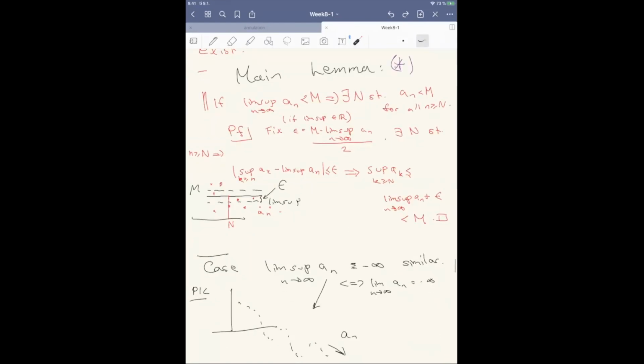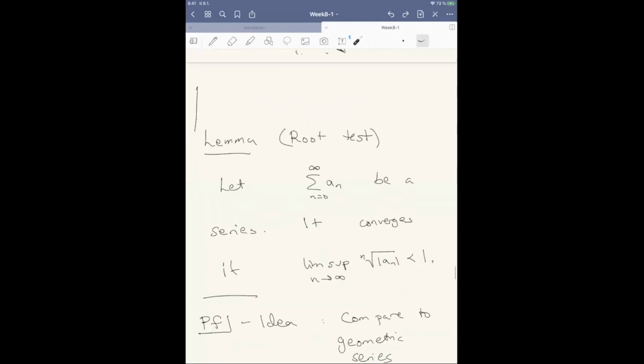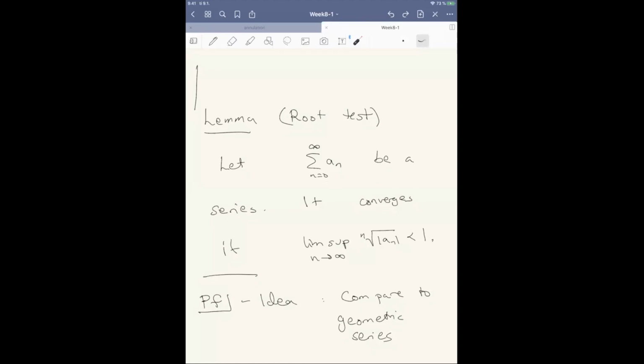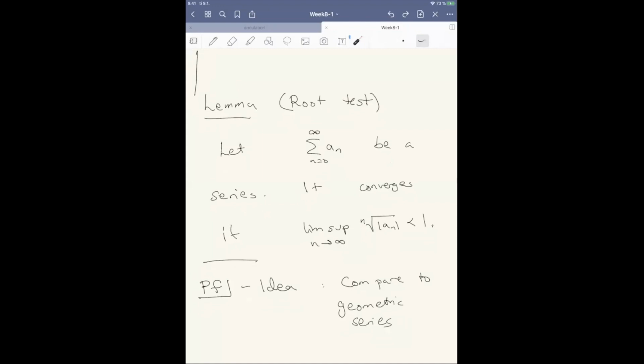But with this statement, we can state the root test that will play the crucial role in proving that power series converge. Namely, if you have a series a_n, any series, then it converges if we know that the nth root of the absolute values has a limiting value less than 1. And as said, we have to say this with lim sup because we don't know that this limit exists. And where does this nth root come from?